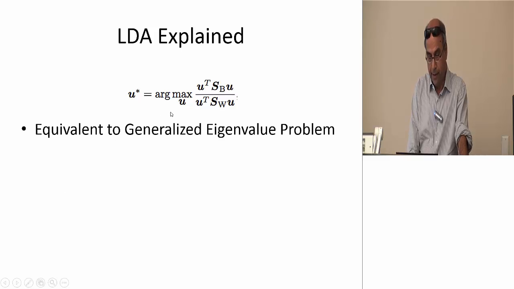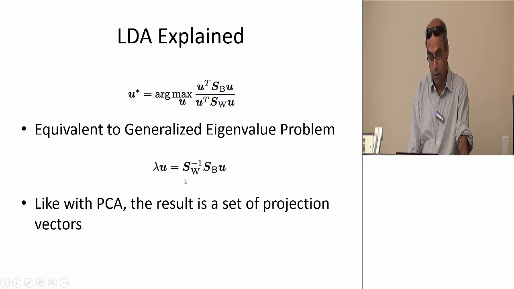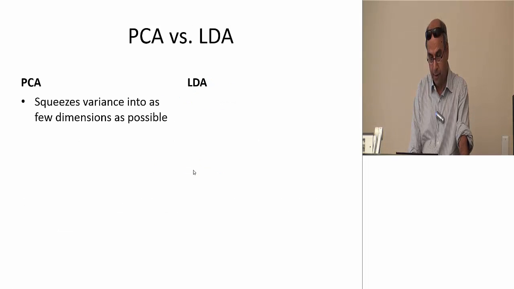So then we want to find this U, so this is a generalized eigenvalue problem, because this matrix U is the eigenvector of the product of these two matrices, and the result is a set of projections.